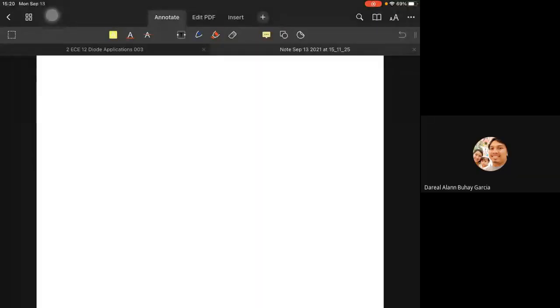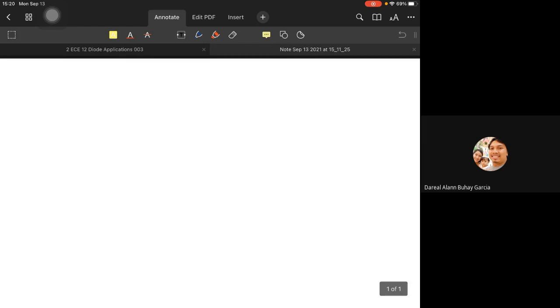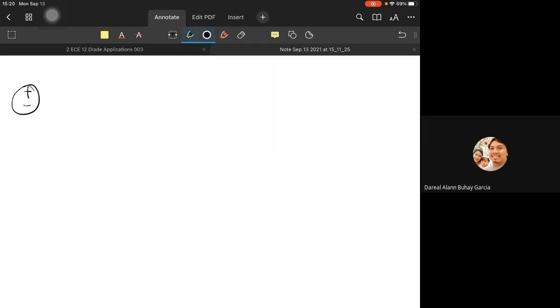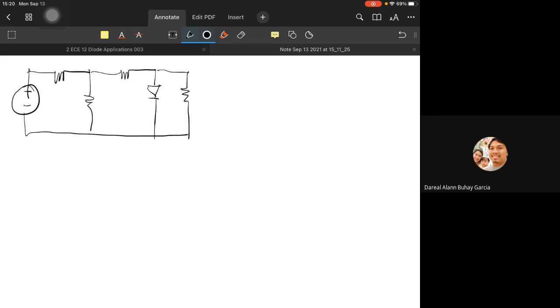How about sa kwan? Problem solving. So let Vs be 4 volts, R1 and R2, and R4 is 1K.